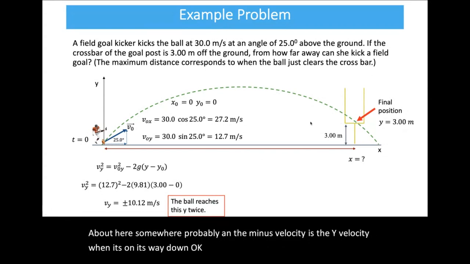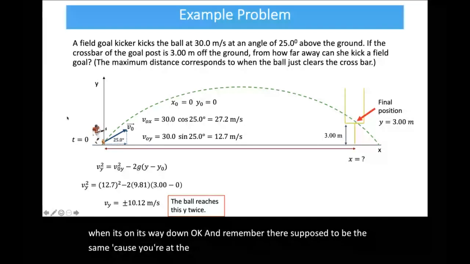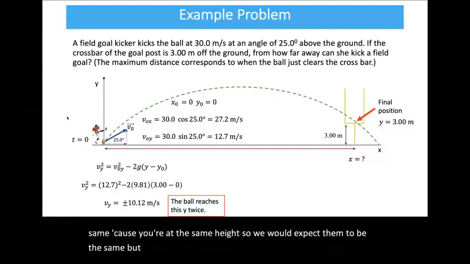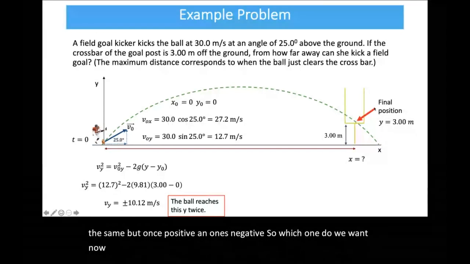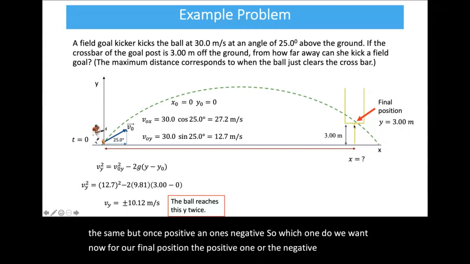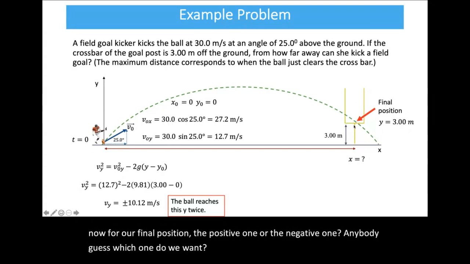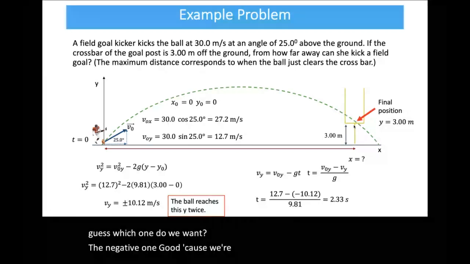Remember, they're supposed to be the same because you're at the same height. So we would expect them to be the same, but one's positive and one's negative. So which one do we want now for our final position? The positive one or the negative one? Anybody guess? The negative one. Good, because we're going downwards there, right? So we want the negative one.